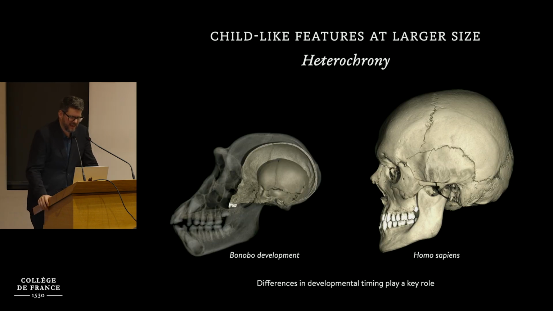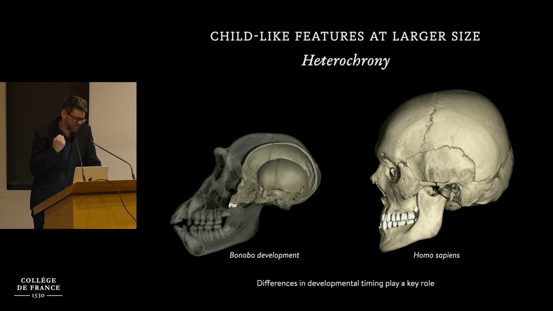In this heterochrony view, modern humans basically retain childlike features of our ancestors at much larger size, right? So here on the left hand, you can see, again, these are still images from the animation that I showed before. In this view, modern humans have a baby face, but bigger, and a rounded head, but bigger.